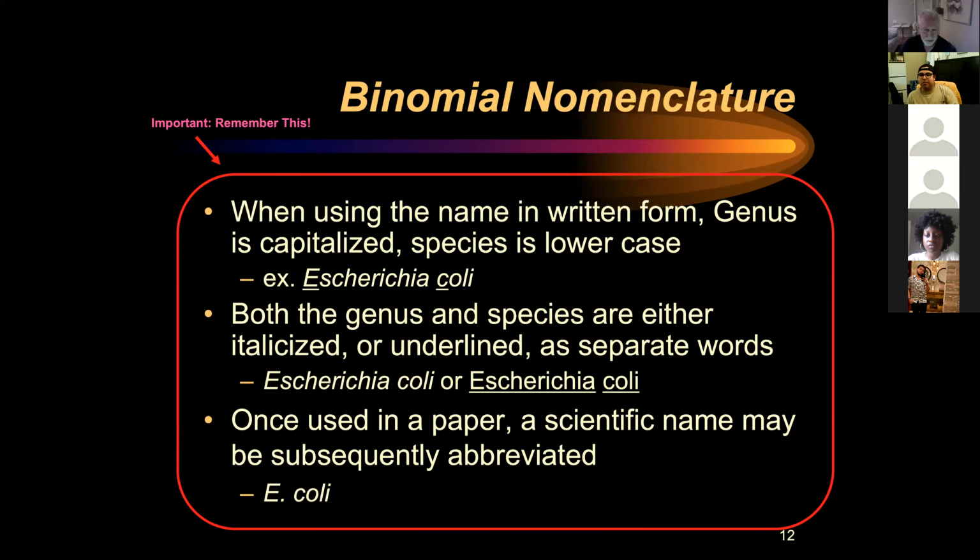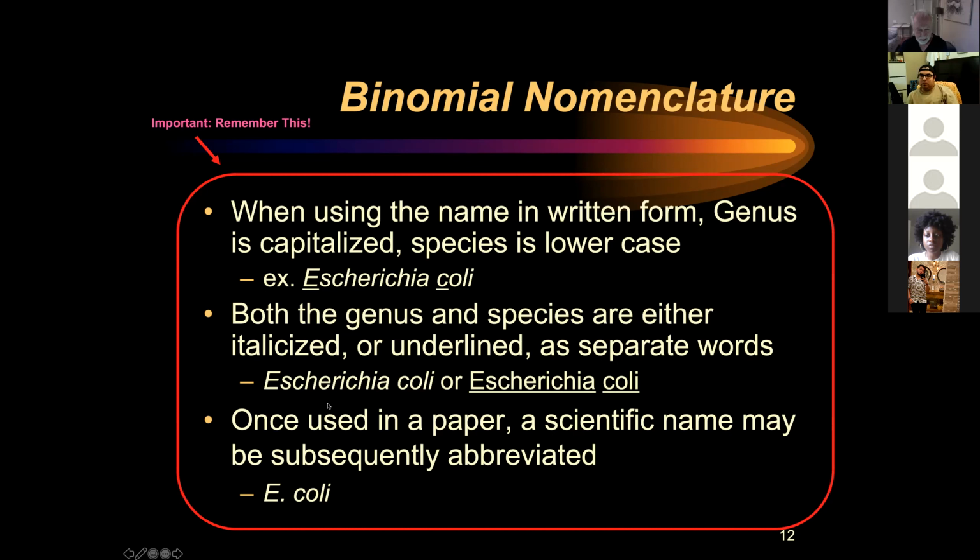And they're distinguished by either being italicized or underlined. So if you italicize, you will have a space between the words. If you underline, there's a space between the words, which is not underlined. So the underline has a gap if you underline.